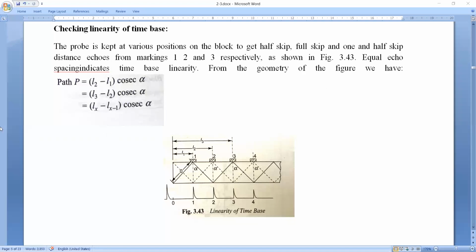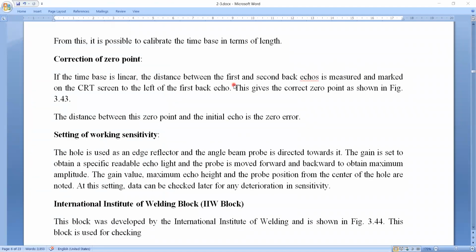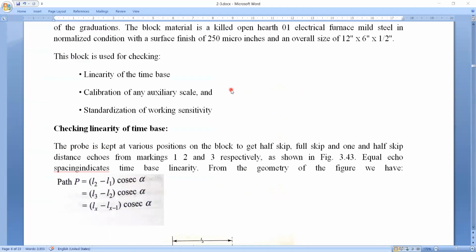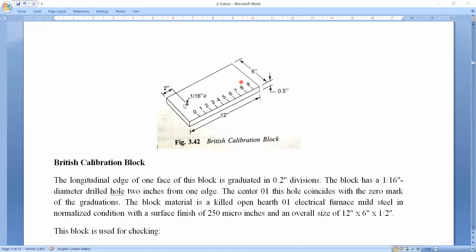Based on the amplitude range, we can check the sensitivity of the equipment. In this way, we can use the British calibration block. For testing the performance of the equipment, we need a standard specimen. Based on the results from the standard specimen, we can assess the performance of the equipment.